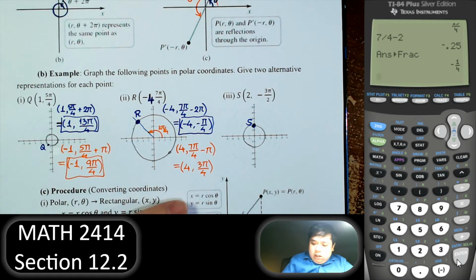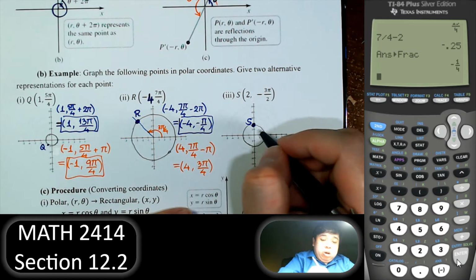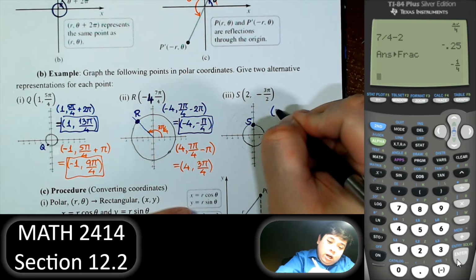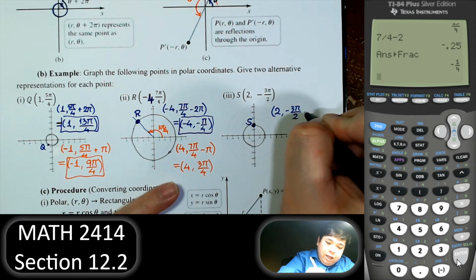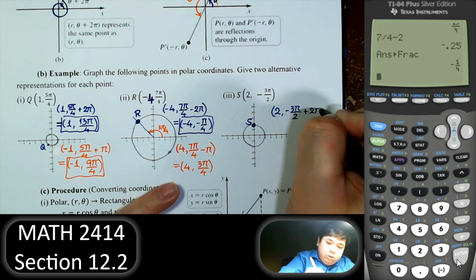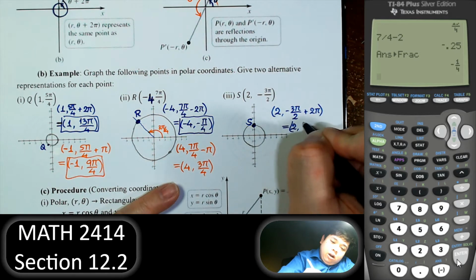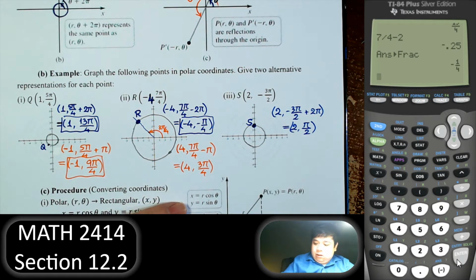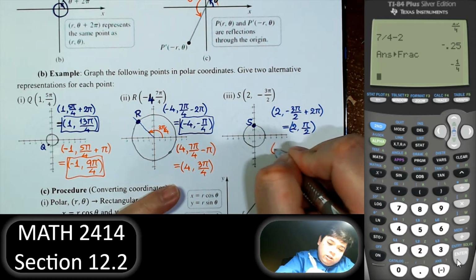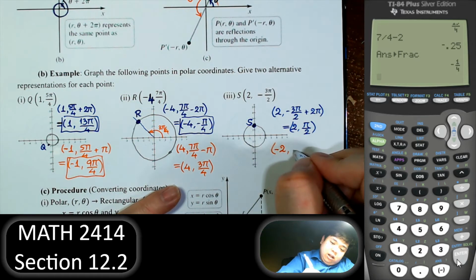Right, so if we want a different representation for the same point, we can just add 2 pi or subtract 2 pi to it. In that case, we have 2 and pi over 2. Or we turn the distance to negative, and we add a pi to it.